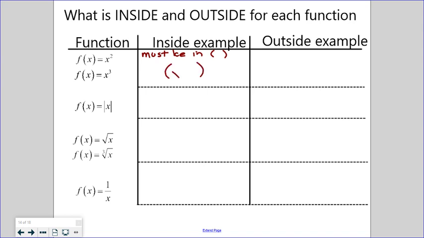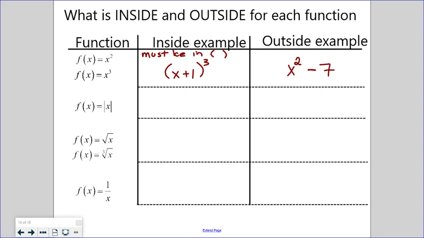For example, something like (x plus 1) cubed, the plus 1 would be considered inside of that function. To be considered outside of the function, it would not be grouped with parentheses, and that exponent would go directly on the x and then some number following that. So the minus 7 would be considered outside of an exponential, where the plus 1 would be considered inside of an exponential.